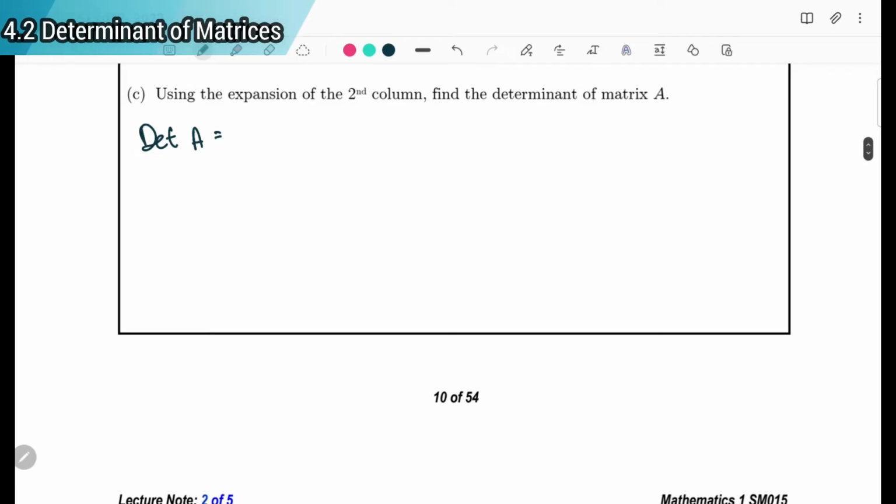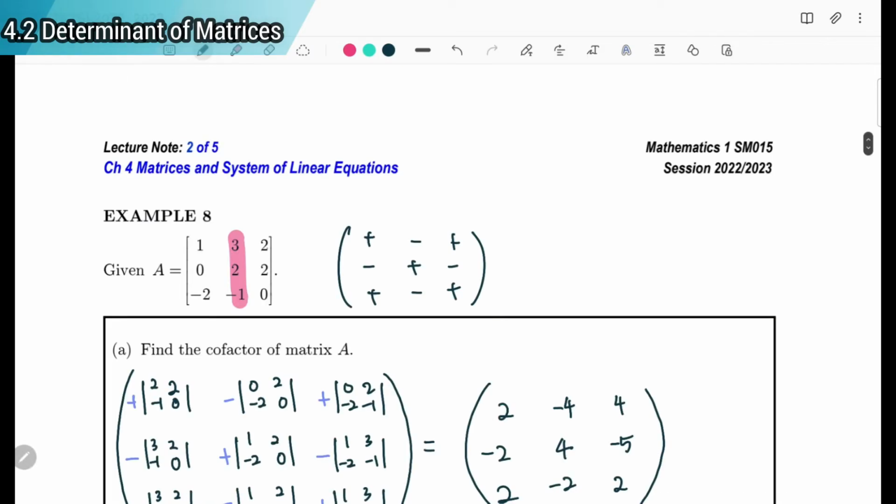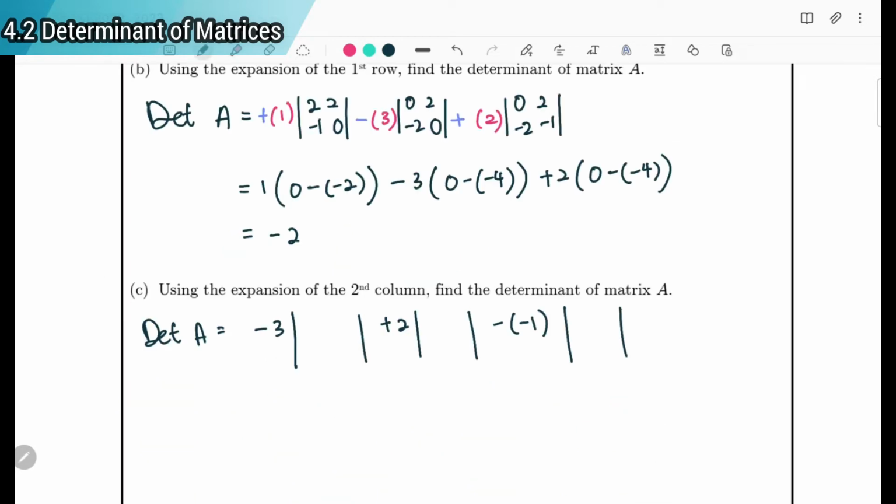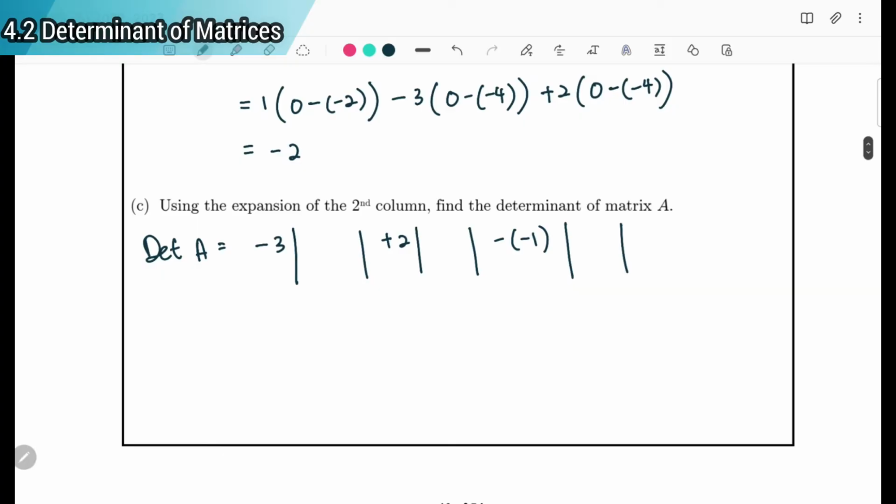Question C. Using the expansion of the second column, find the determinant of matrix A. So the entries on the second column is 3, 2, negative 1 and the sign is negative plus negative. Okay, so you have negative 3 plus 2 and then minus negative 1.